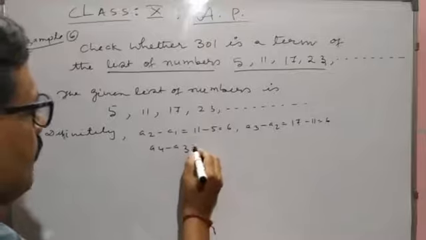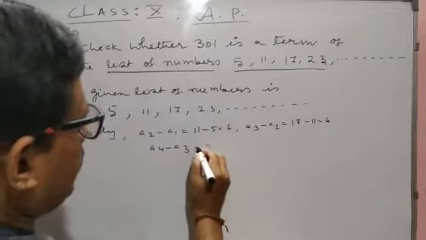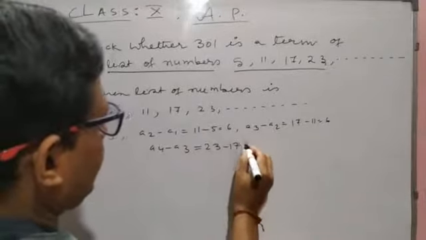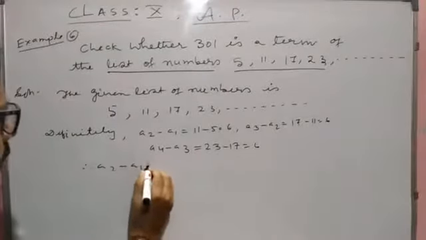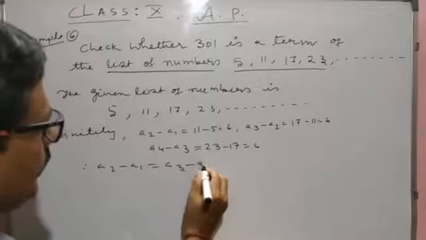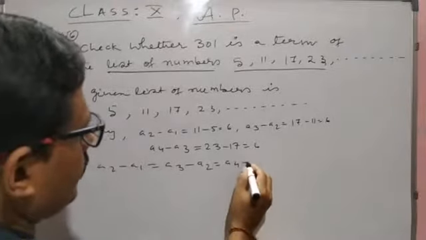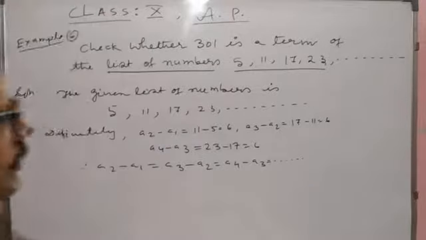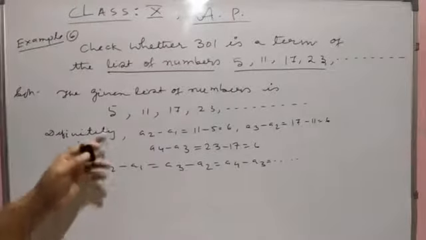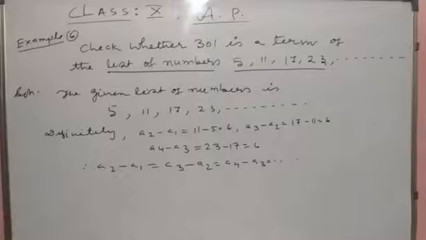A4 minus A3, 23 minus 17 equal to 6. Therefore, A2 minus A1 equal to A3 minus A2 equal to A4 minus A3 equal to dot. So we have seen that they have the common difference.